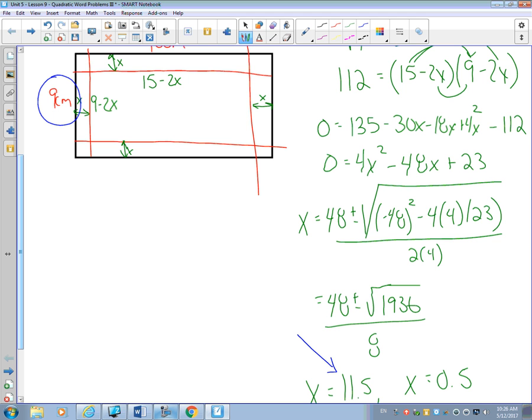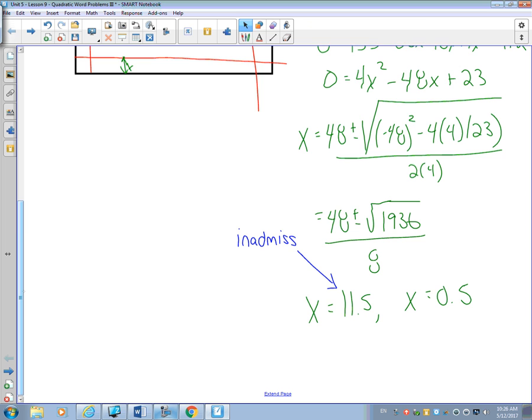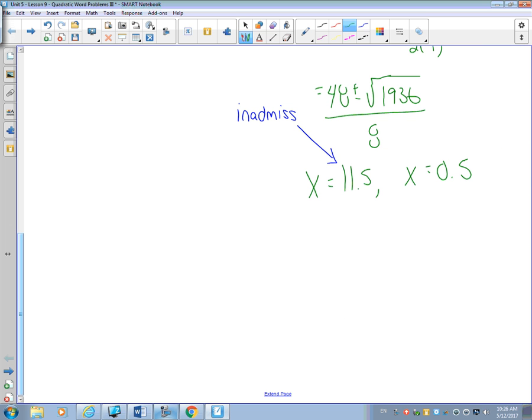Well, that's not possible. You wouldn't have anything left. So this is the inadmissible answer. It's too big to cut off, which means the other one has to be the right answer. The width of the strip is 0.5 centimeters wide.